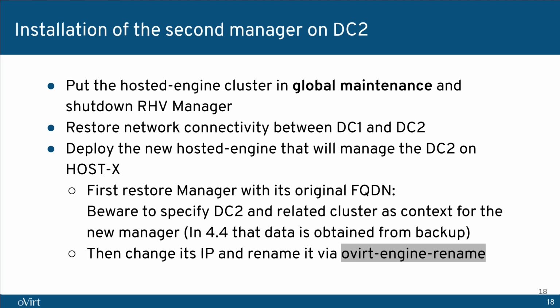Now that in the manager there is only one data center, we have done half of the job and we can prepare to deploy the second manager on Data Center 2.